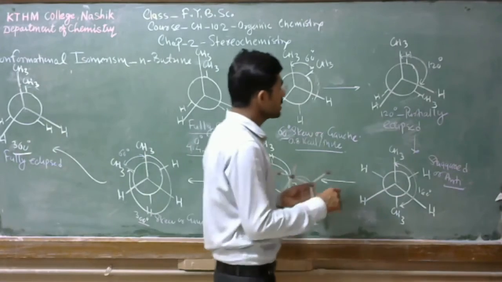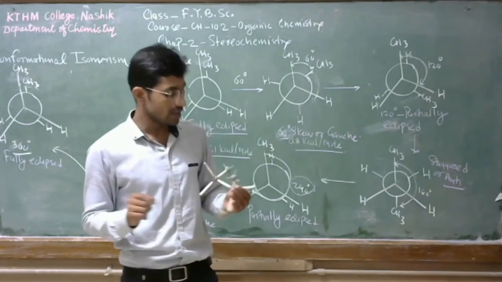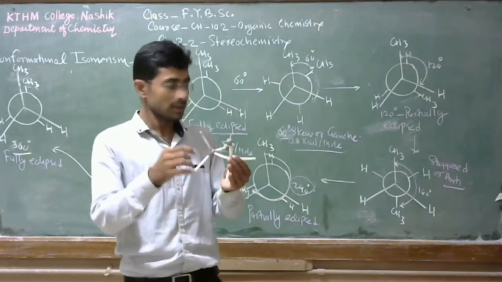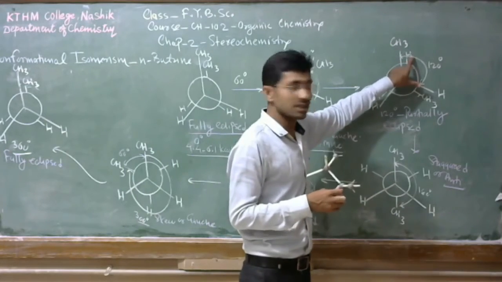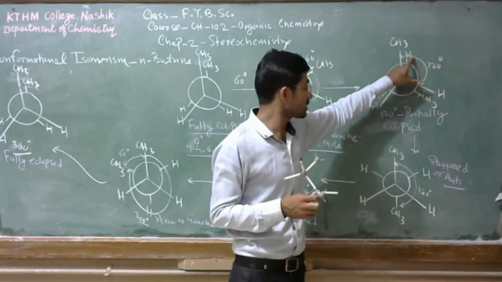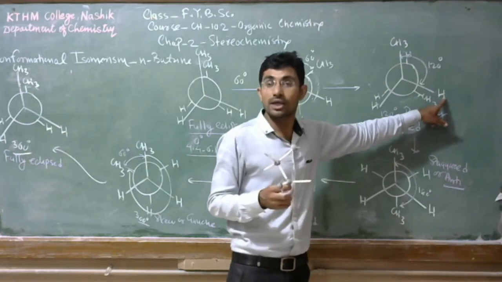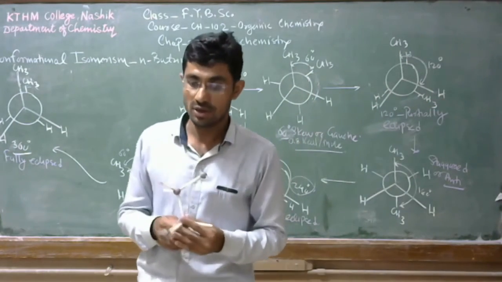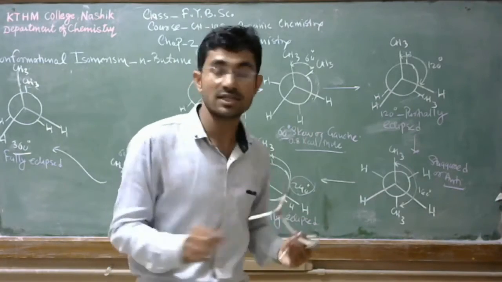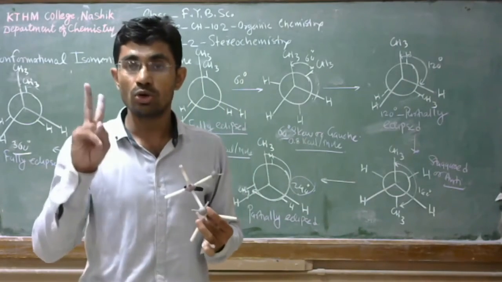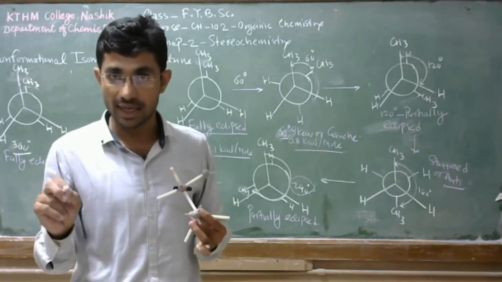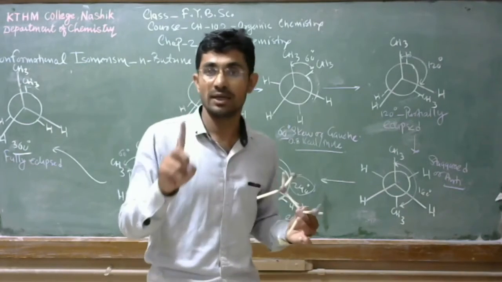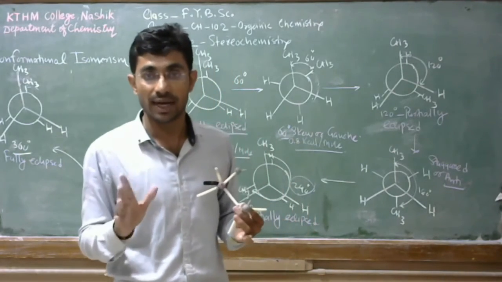In this conformation, the methyl and H show eclipsing interaction, also this methyl and H show eclipsing interaction, and also this H and H show eclipsing interaction. So in this partial eclipse conformation, there are two methyl-H interactions and one H-H eclipse interaction.